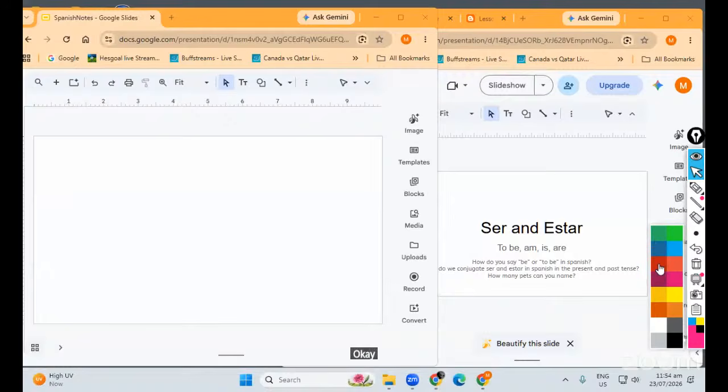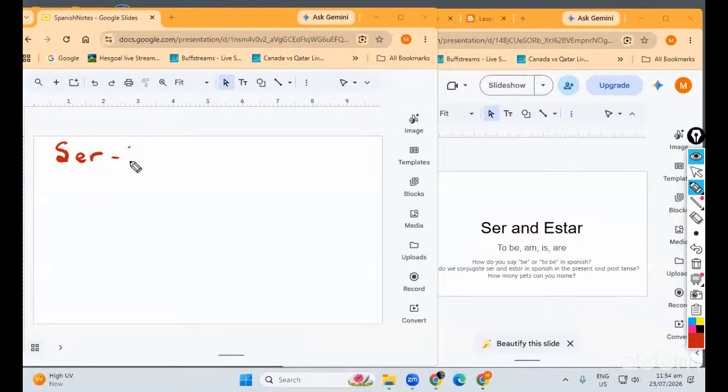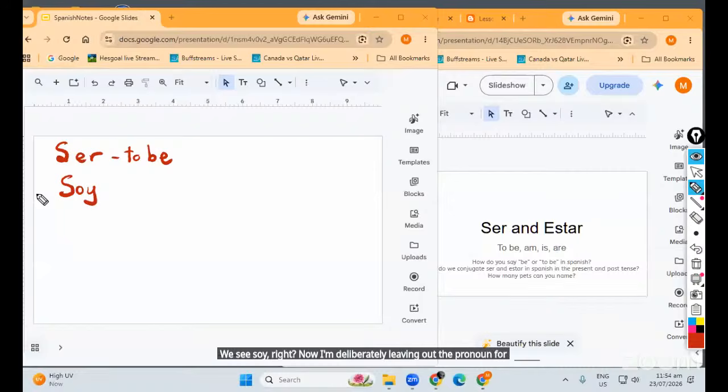Okay, let's take Ser first, which means to be. And so for the I form, we say soy. Now I'm deliberately leaving out the pronoun for now. That's something as English speakers you have to get used to.